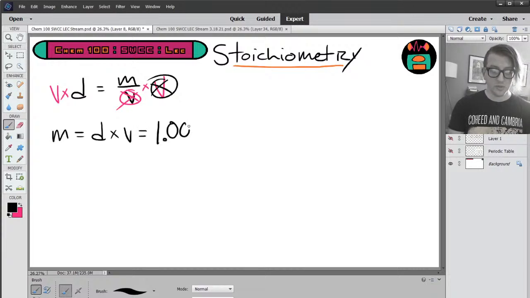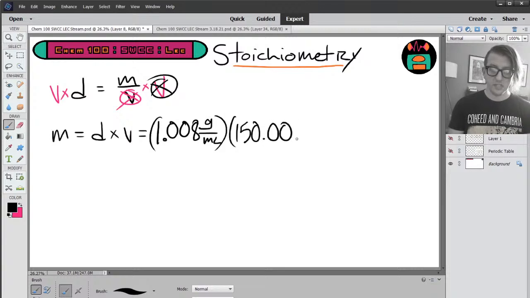Our density is 1.008 grams over milliliters, and then our volume is 150.00 mils. So milliliters cancel, and we get a mass.